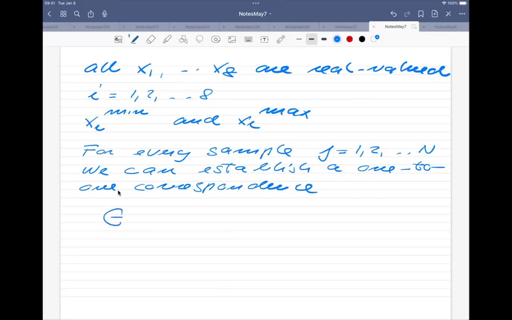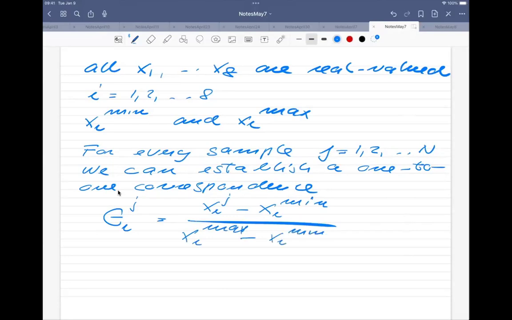We can have a rotation angle theta ij, and this is given by x ij minus xi min, divided by xi max minus xi min, and multiplied with pi. This is a kind of scaling which we are also doing.